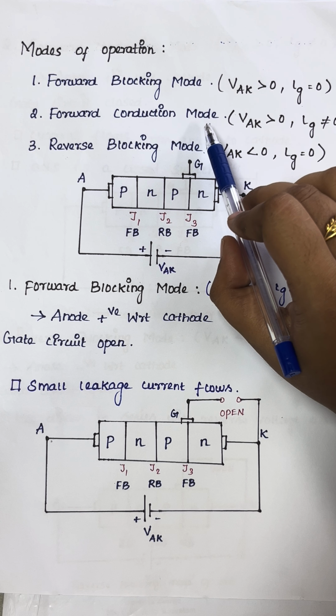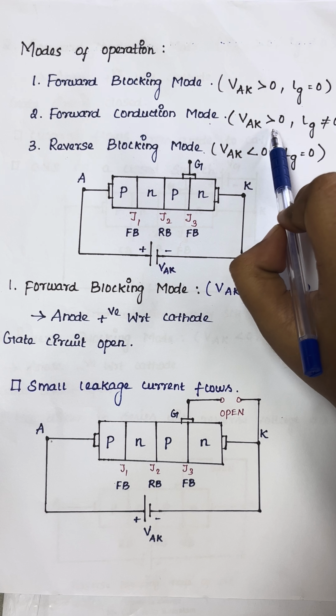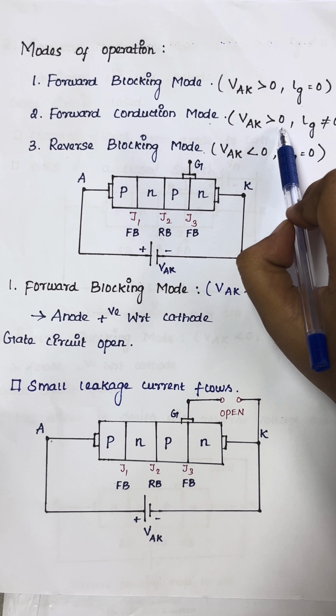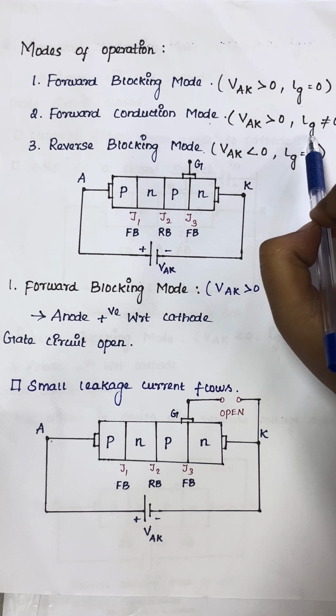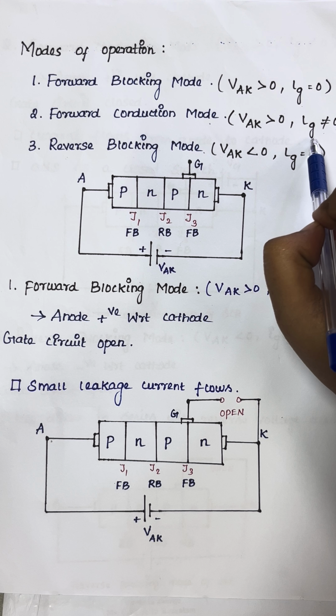When it comes to the forward conduction mode, the anode-cathode voltage is positive, above 0, and the gate current is not equal to 0, which means we apply a positive gate current.